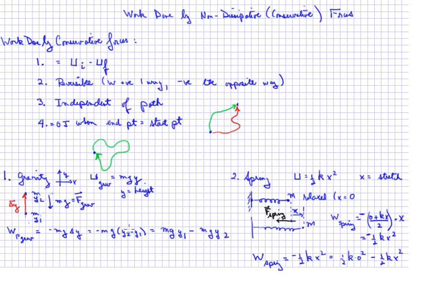But delta y is y2 minus y1, so minus mg times y2 minus y1 is mg y1 minus mg y2. And here is the UI or U1, if you will, and the UF, the U2, which shows the form of this function for gravity.